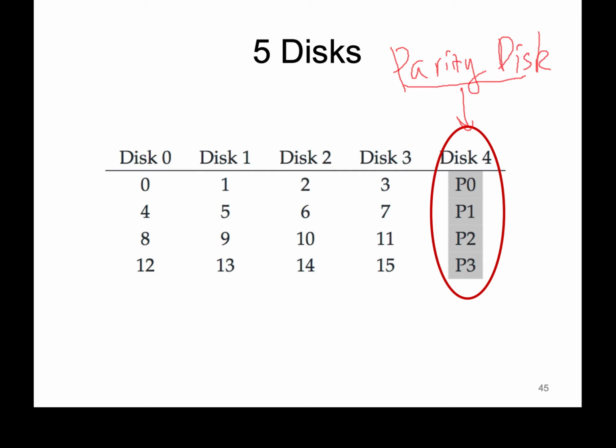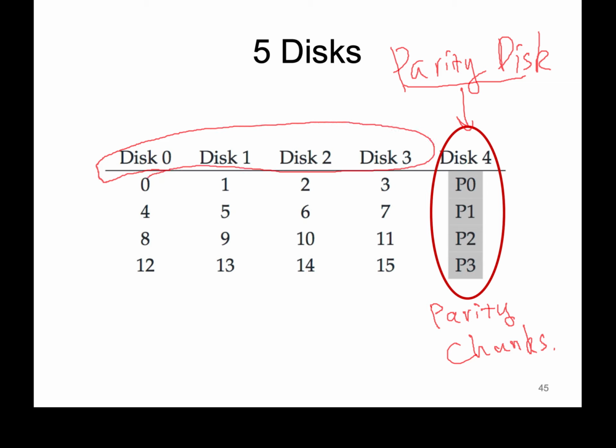This particular parity disk is solely used for storing parity chunks. And the first 4 disks, disk 0, disk 1, disk 2, and disk 3, are used to store data chunks.